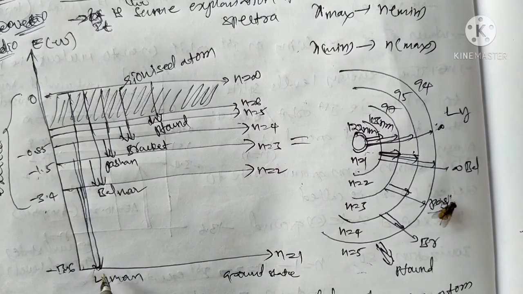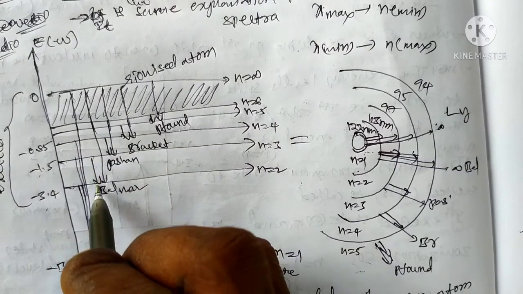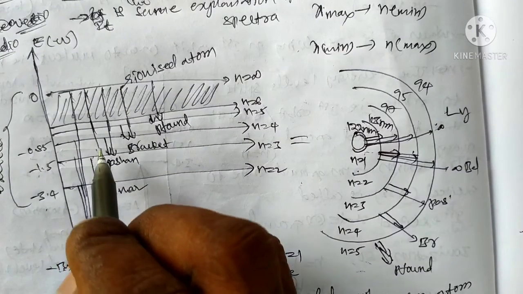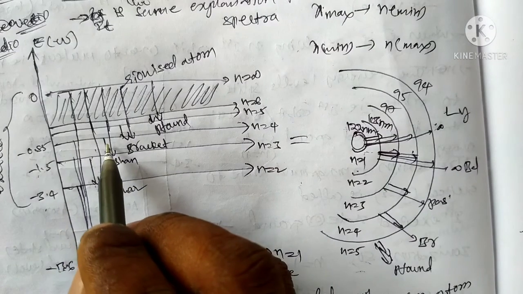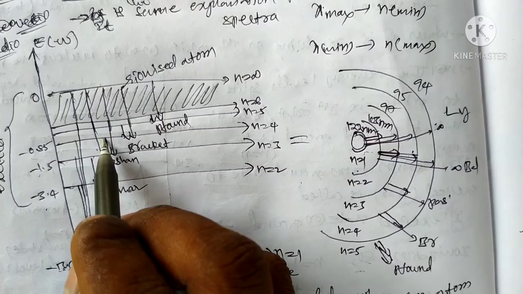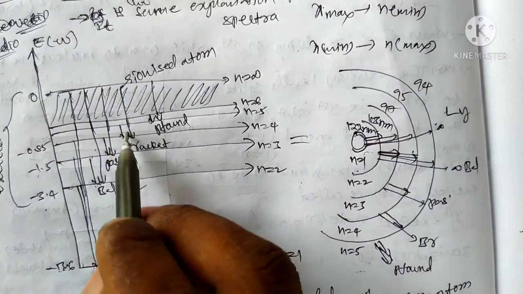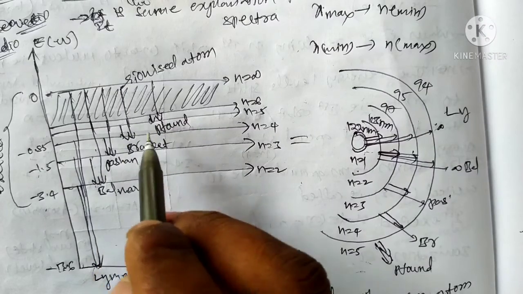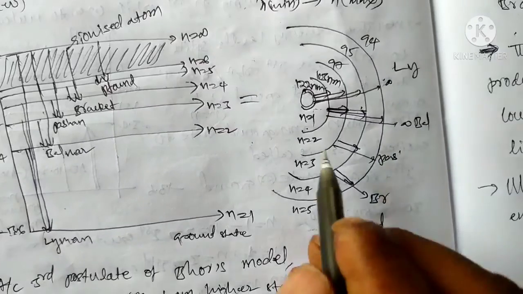This series can be explained in the atomic spectra. Then second level, third level to second level, fourth to second level, fifth to second level, up to infinity. This is called Balmer. Also fourth to third, fifth to third, sixth to third. This is the Paschen. Brackett and Pfund series are the respective transitions with respect to energy, like this.